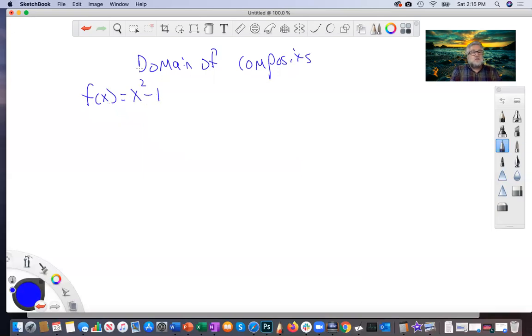Let's see, when I hear the word domain, I think 1 over 0 and square root of a negative. These are the only places where I get in trouble. I'm not allowed to divide by 0. I'm not allowed to take a square root of a negative number. Are either of those possible here? Absolutely not. So the domain of f is just all real numbers.